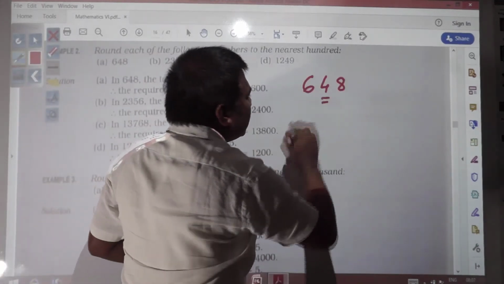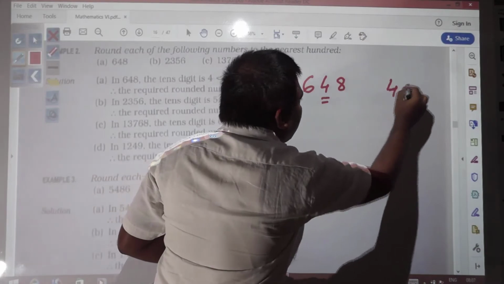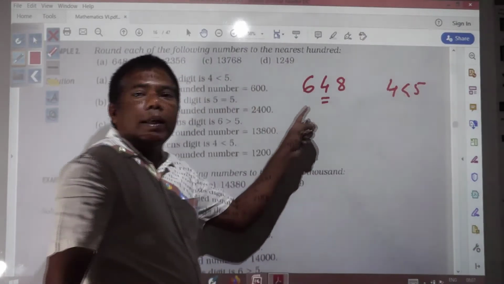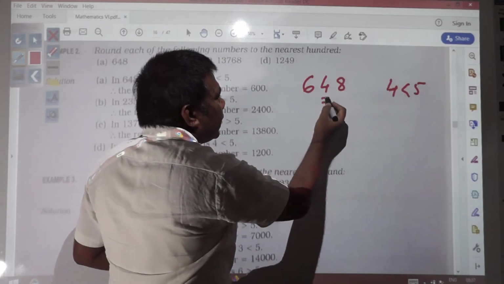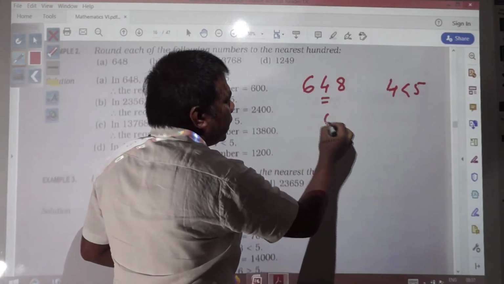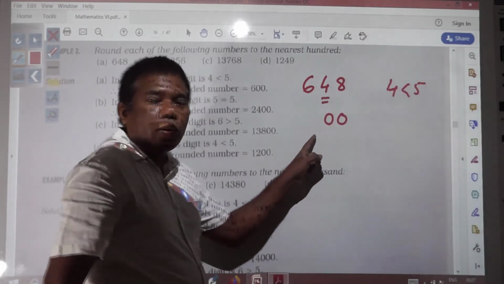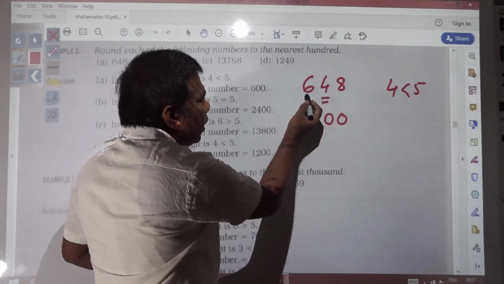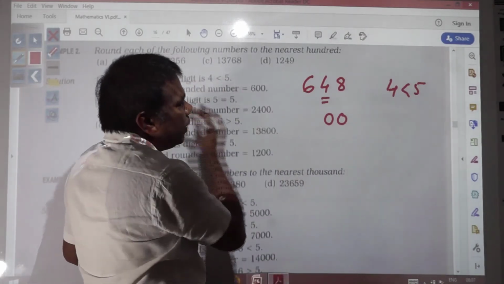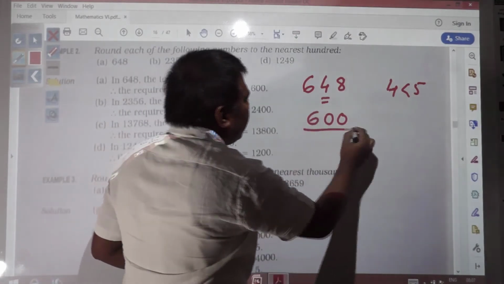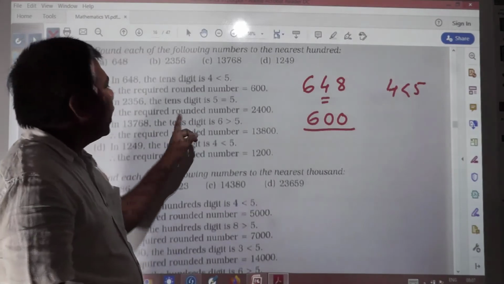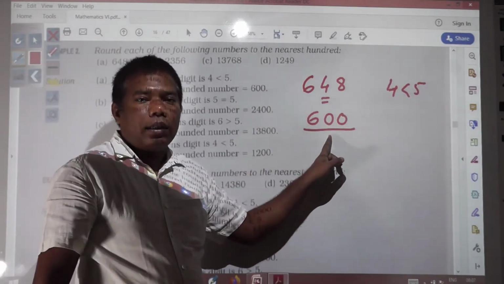If lesser than 5, in ones digit and tens digit, what number you have, that is required to be replaced by 0. And in hundreds place or in other places, the digits will remain the same. Your required rounded number will be 600.